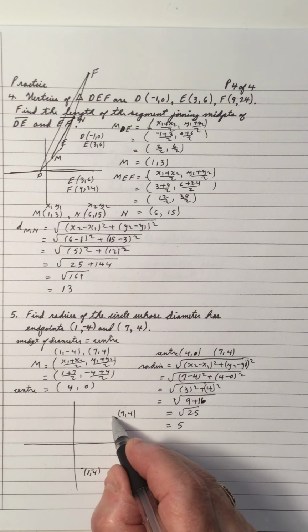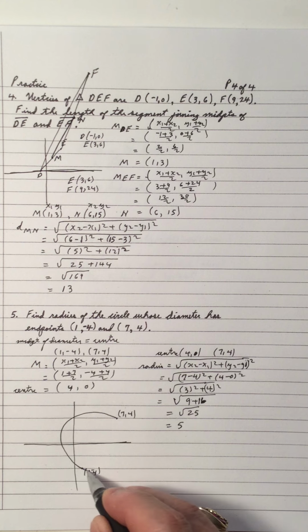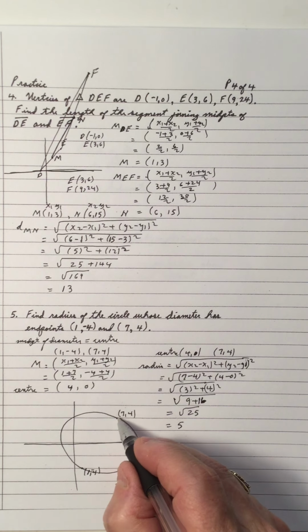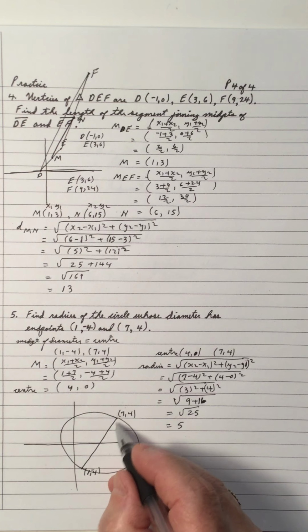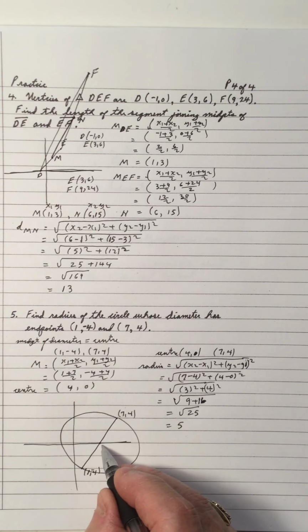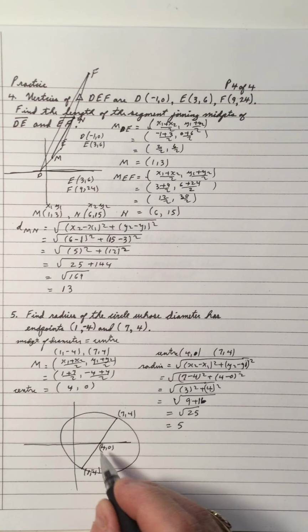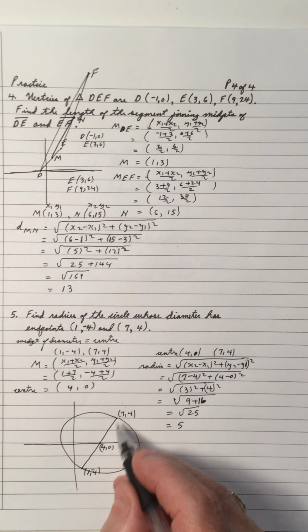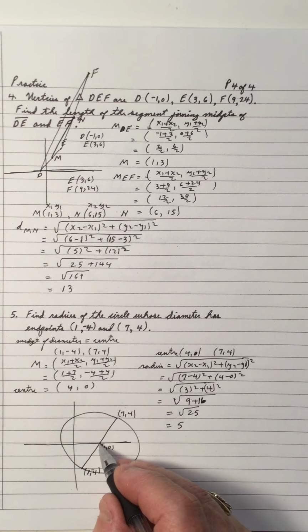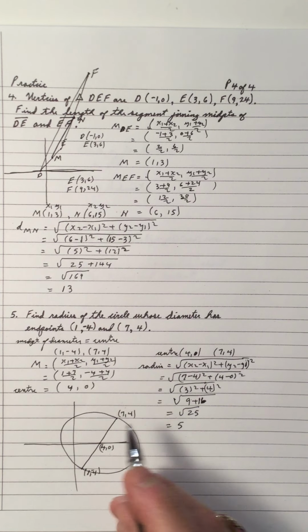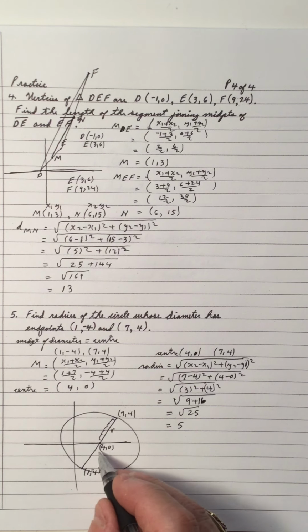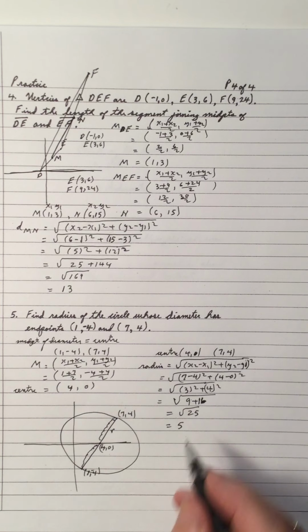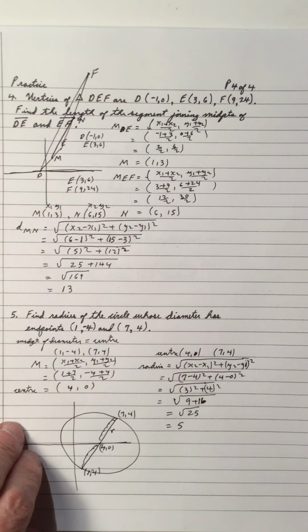We have a circle that goes like this, and this is the diameter. The midpoint is right there, (4, 0). Halfway between 7 and 1 is 4, and halfway between 4 and negative 4 is 0. So there's the center. The radius is from here to here, or you could have used this one. Radii are equal, and the radius is 5 units long.